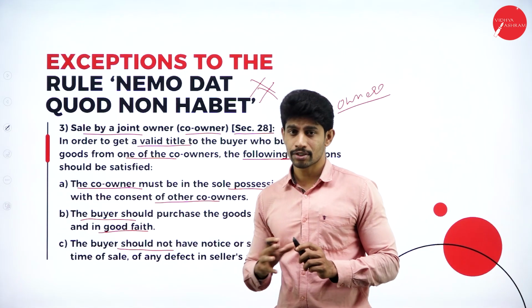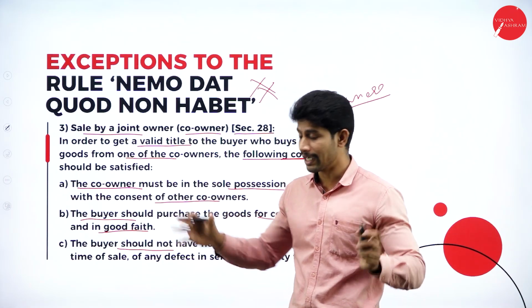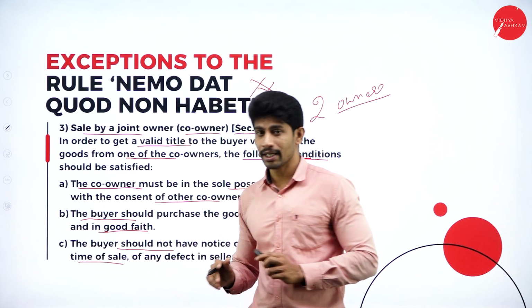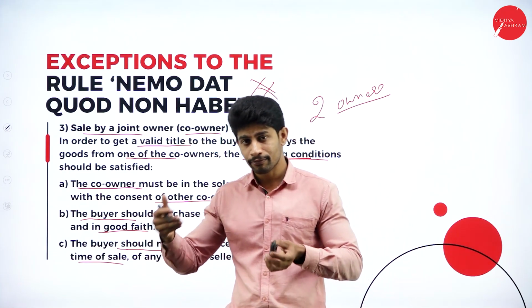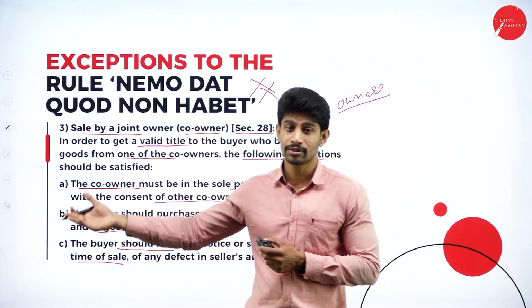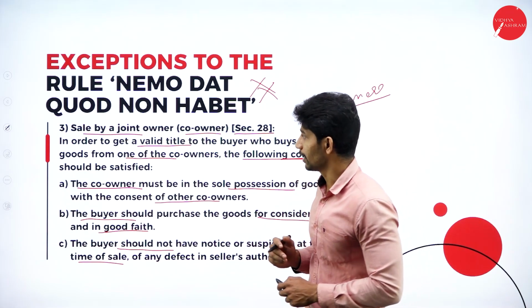Yes, the buyer should not find any kind of notice at the time of sale. See, if the buyer has not found any kind of notice at the time of purchasing the particular goods or property, he can easily purchase those properties from the co-owner of the property.